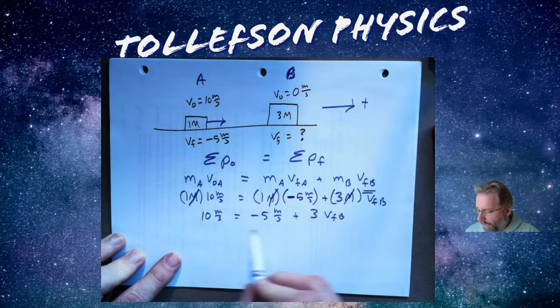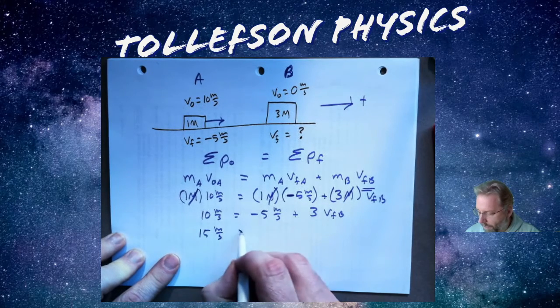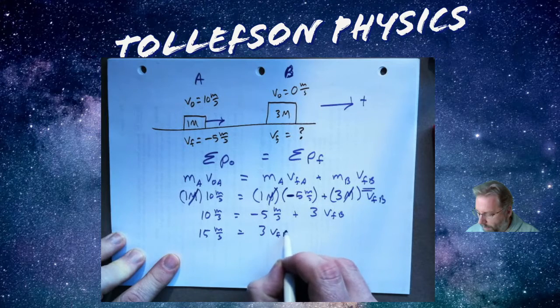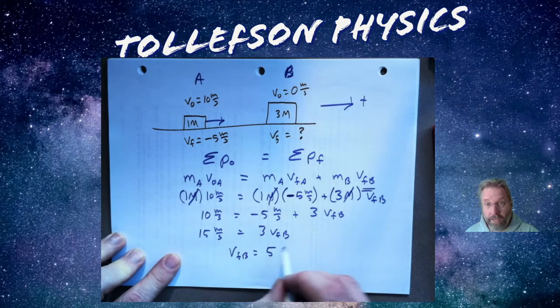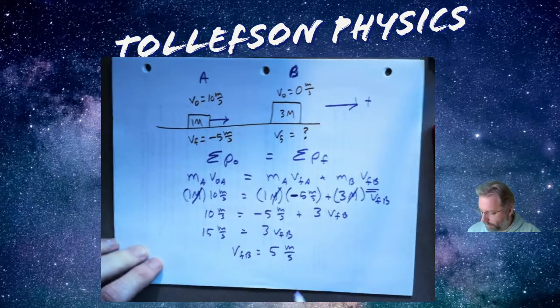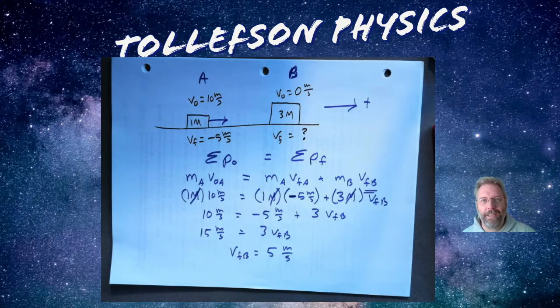Then I need to add 5 to both sides. So I get 15 meters per second equals 3 times the final velocity of B. And so that final velocity of B looks like it's 5 meters per second in the other direction. I just happened to pick numbers that ended up with the same speed in both directions. That was unintentional, but it's the way it worked out.